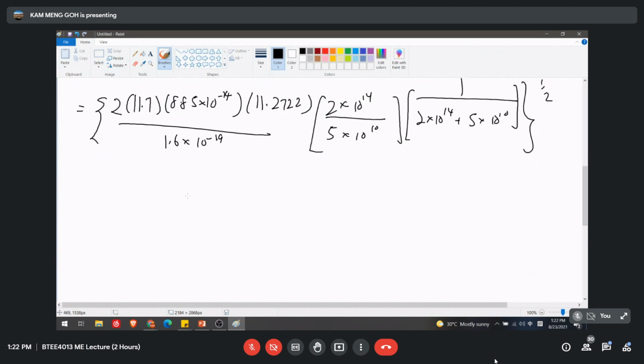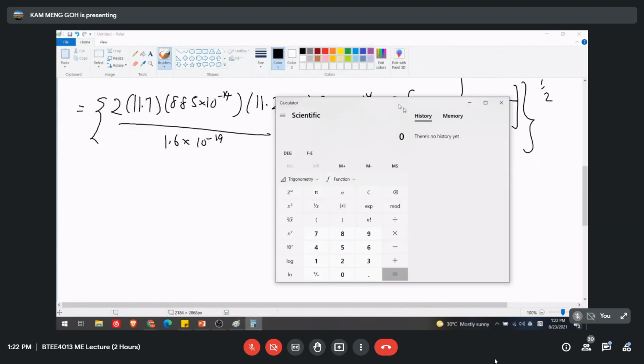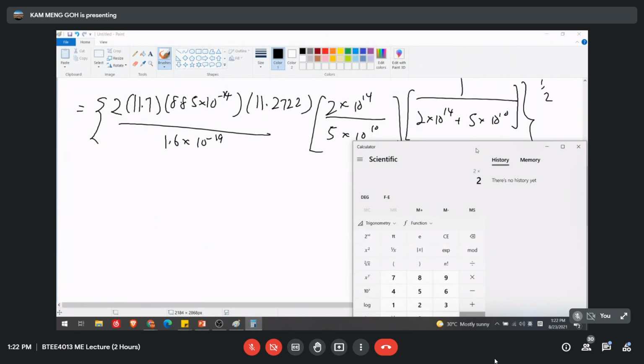So let me calculate. Two multiplied by 11.7 multiplied by 8.85 times 10 to the power of negative 14.